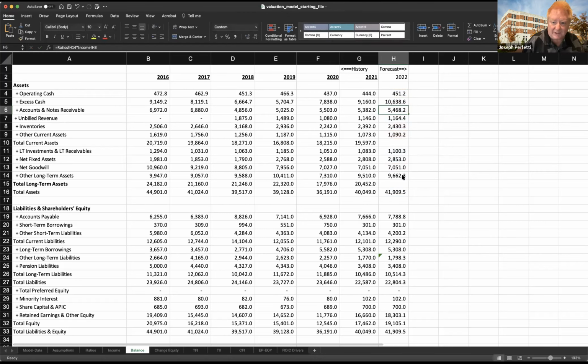Hit enter, 10,638.6 million of excess cash. And notice, no circular reference.